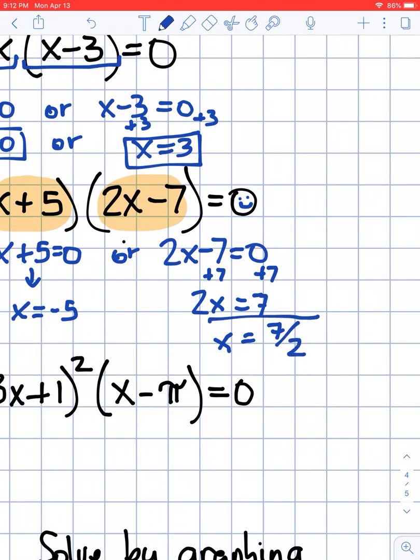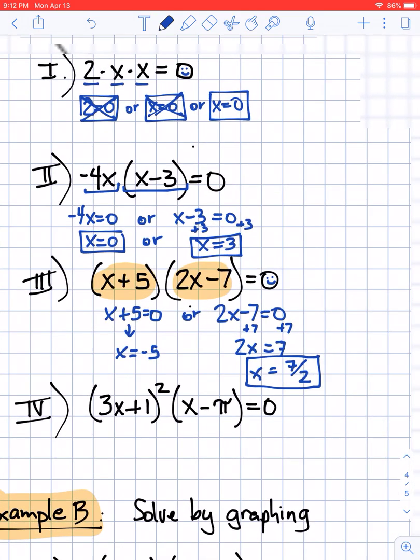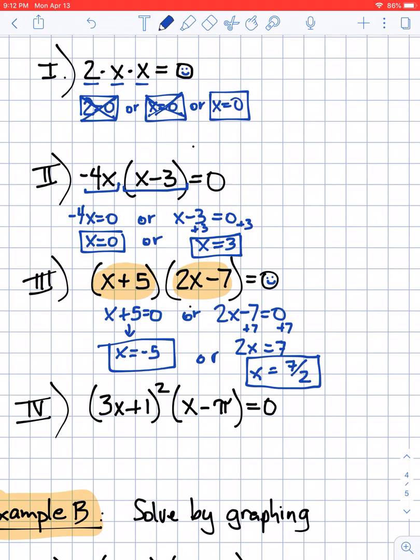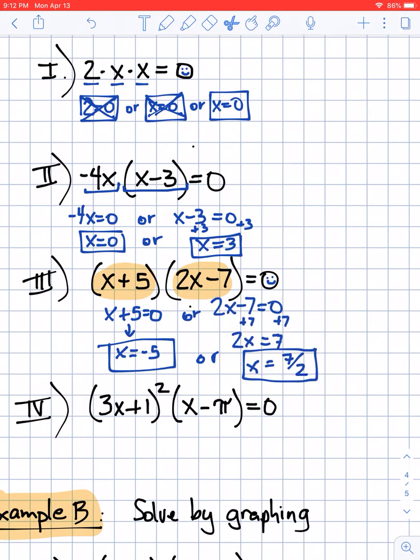You call it 3.5 or 7 halves. Feel free to stay in that ratio format. So here are my 2 answers. Notice how we get 2 answers frequently in our homework problems. And this will be true from now on.